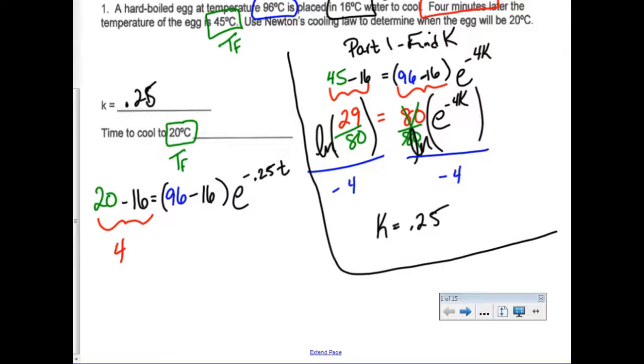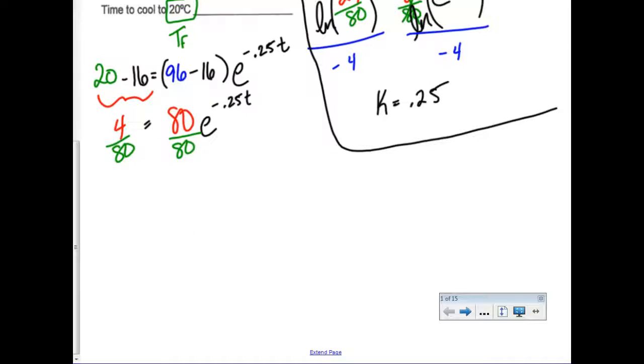So that's 4 equals 80 times e to the negative 0.25t. All right, so I know this is the moment where I'm going to be applying a natural log. I'm just going to sneak a natural log in right here.